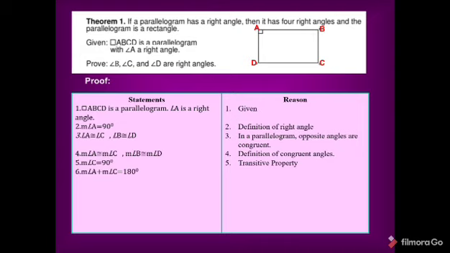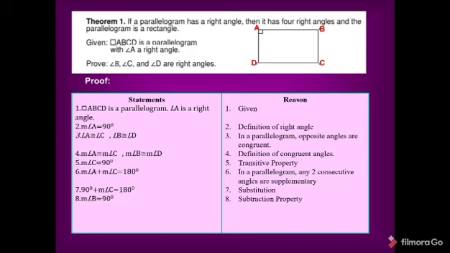In statement number 6, you can have measure of angle A plus measure of angle C equals 180 degrees. By what reason? Remember, in a parallelogram, any two consecutive angles are supplementary. So take note of that. 90 degrees plus measure of angle C equals 180 degrees by substitution. So in statement number 8, you could have measure of angle B equals 90 degrees because of the subtraction property.